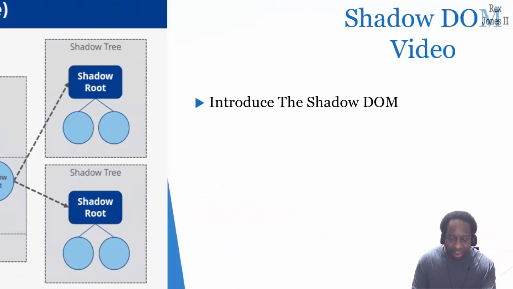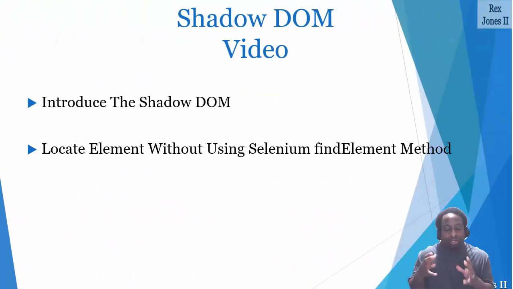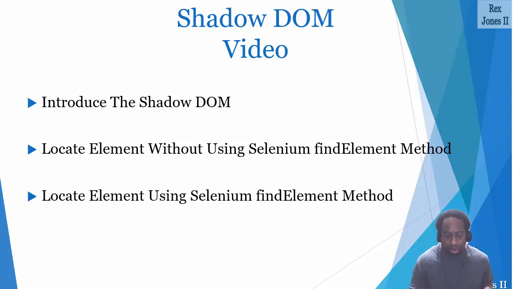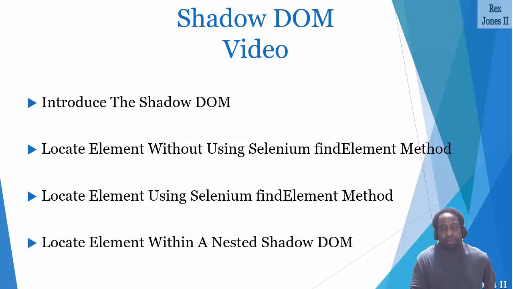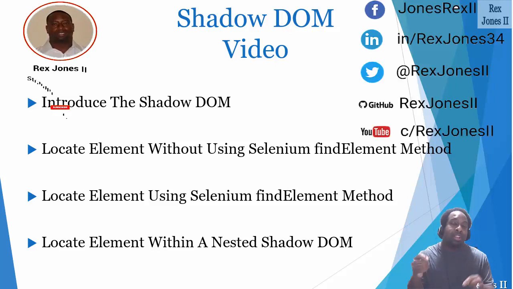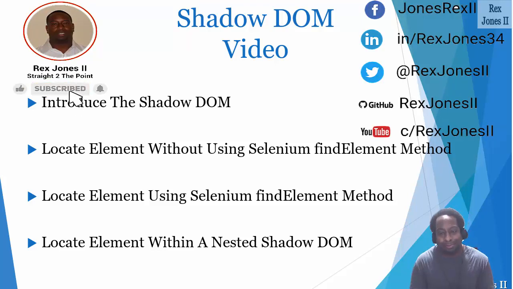We can find an element without using Selenium find element method. We can also locate an element using Selenium find element method. I'm going to show you both ways and demo how to locate an element within a nested shadow DOM. And I will see you in the next session. Thank you.